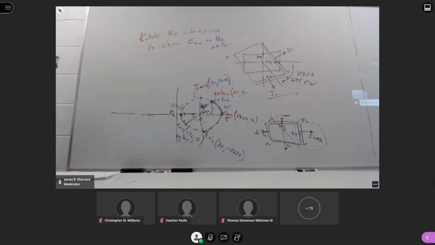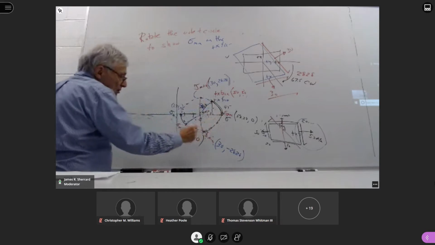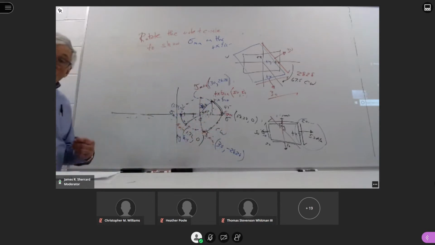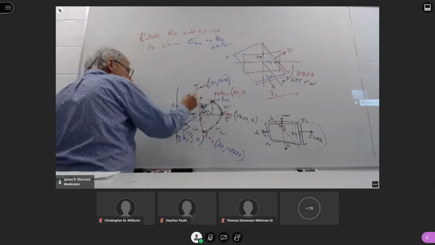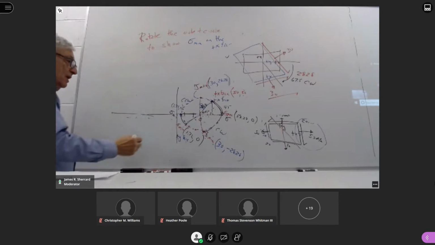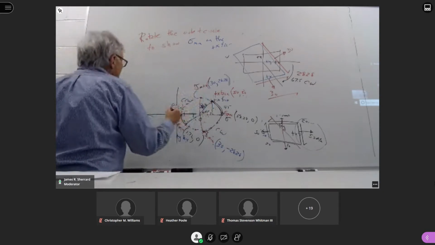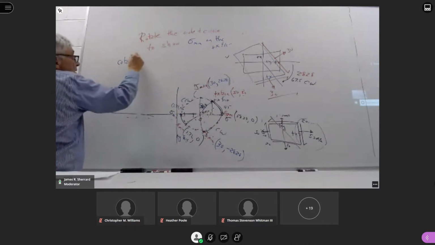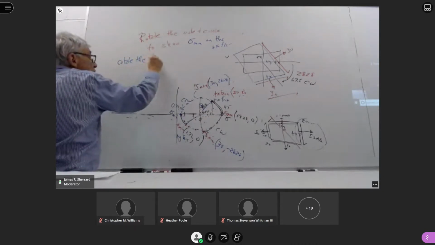Again, I have two ways I can do it. I could rotate it this way to go clockwise, or I could rotate it this way to go counterclockwise. Just to do it different, let's rotate it counterclockwise. So I'm going to rotate the circle.